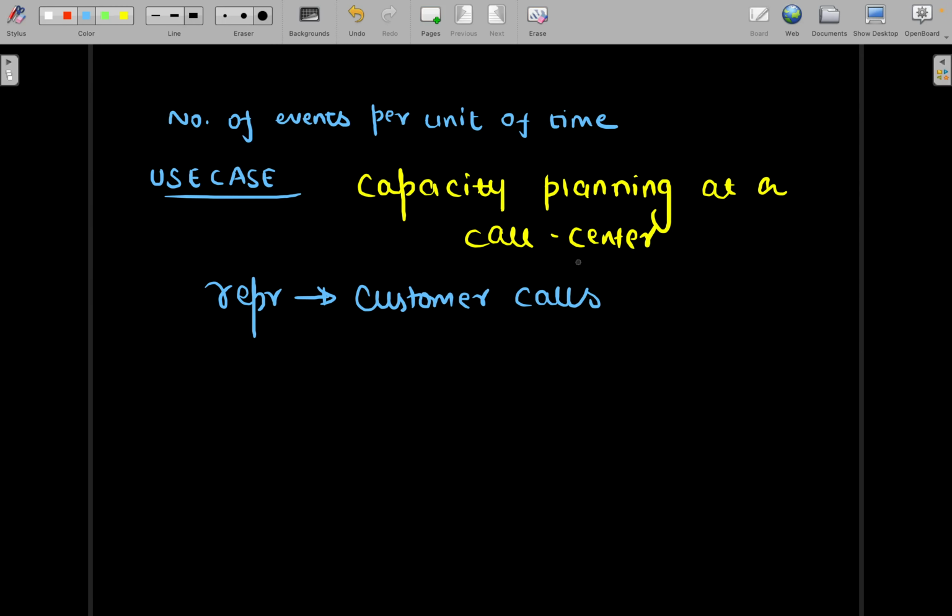Or it could be, let's say, an emergency center for people who are in distress and need some actions or services to be dispatched, right? Capacity planning here means how many people we need at the call center, looking at the distribution of calls that we have been receiving in the past.